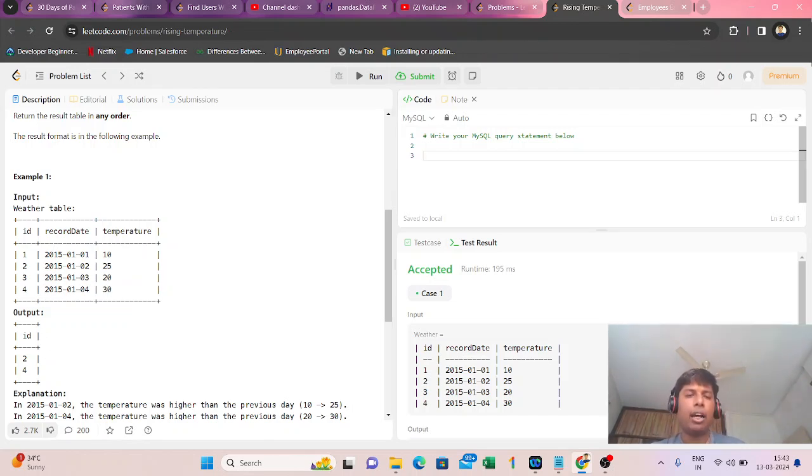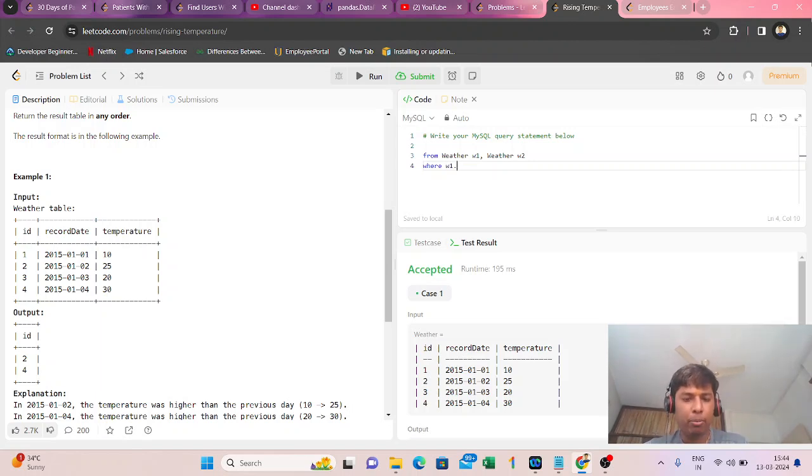This is again our typical case of self join, where we are comparing the rows in the same table. The basic idea is to take the table with two aliases so that the SQL engine considers them as two different tables. What is the first condition?